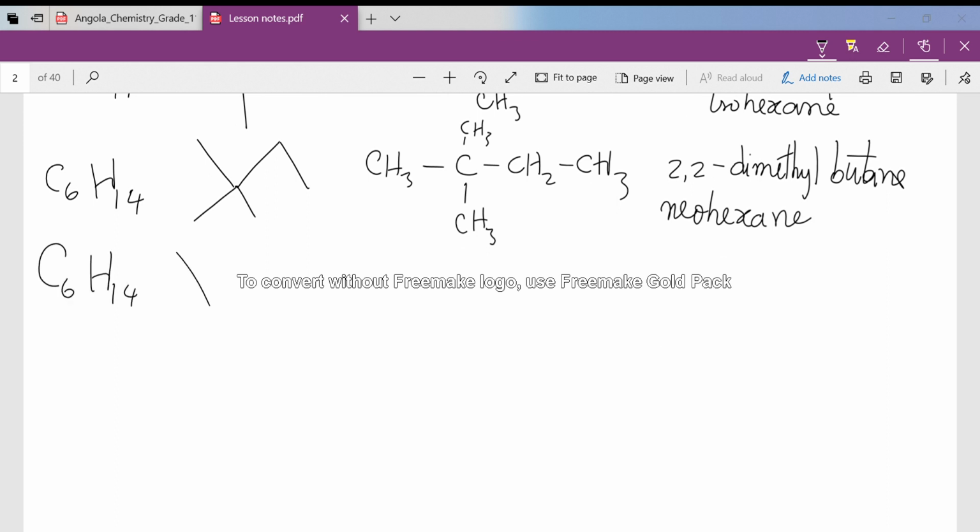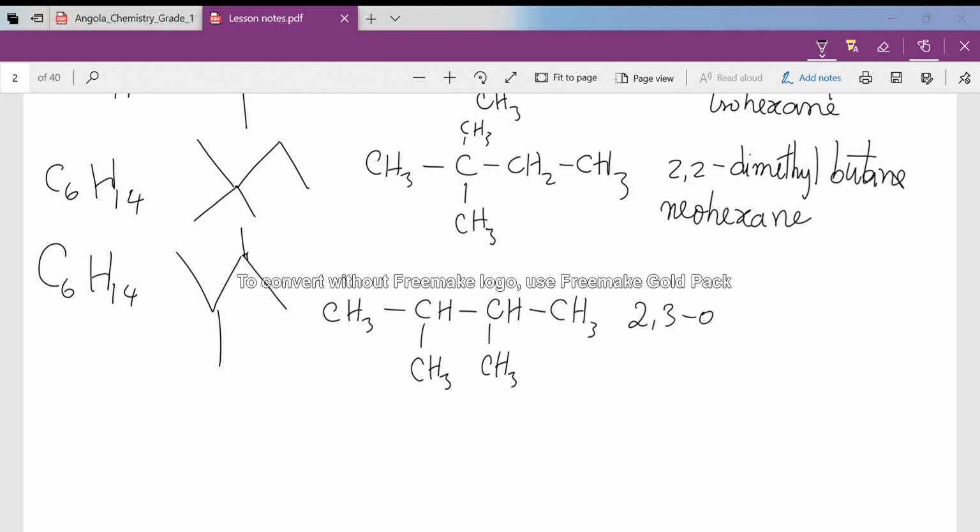But here we will have something like this: 1, 2, 3, 4, 5, 6, with CH3, CH3, and then CH3, CH3. Now the name here would be 2,3-dimethylbutane.